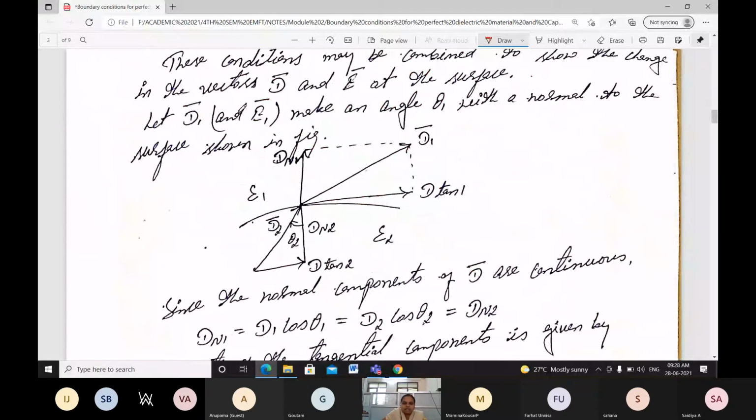Let D1 or else E1 make an angle of θ1 with the normal to the surface, as shown in the figure.